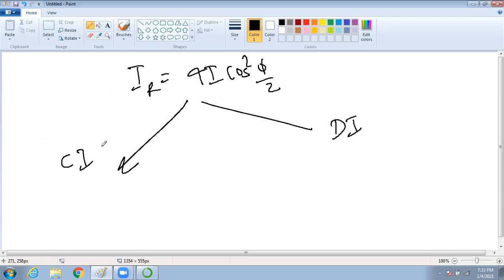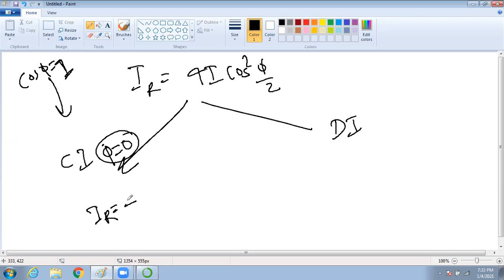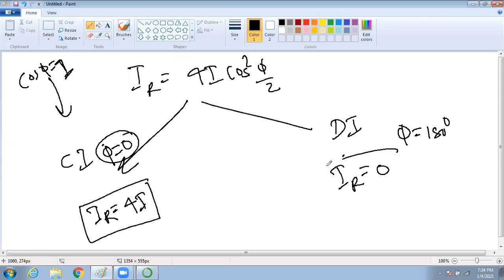When constructive, phi is 0, then cos phi by 2 will become 1. So IR will be 4I. But for destructive, phi will be 180 degrees, so IR will be 0.